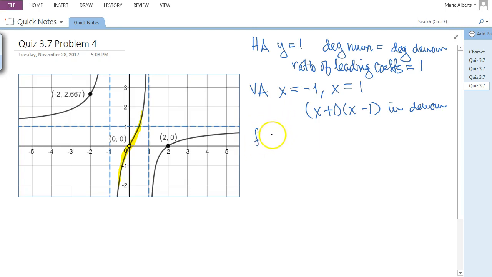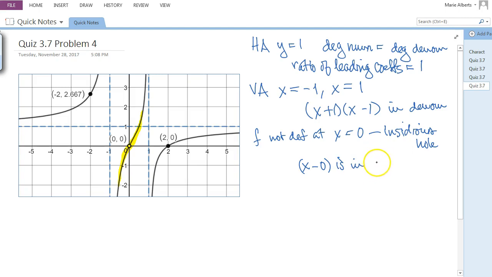The function is not defined at x equals 0, yet we don't have a vertical asymptote there. We have the insidious hole. So that says that x minus 0 is in the denominator.